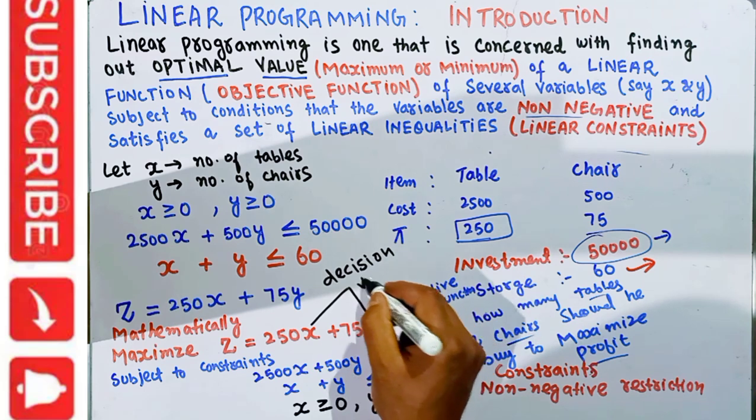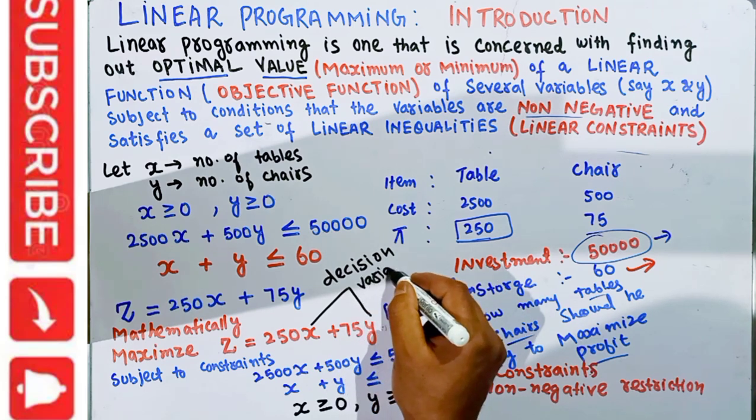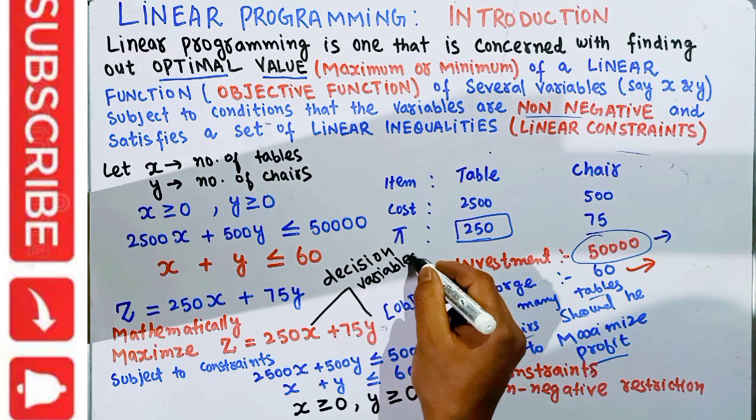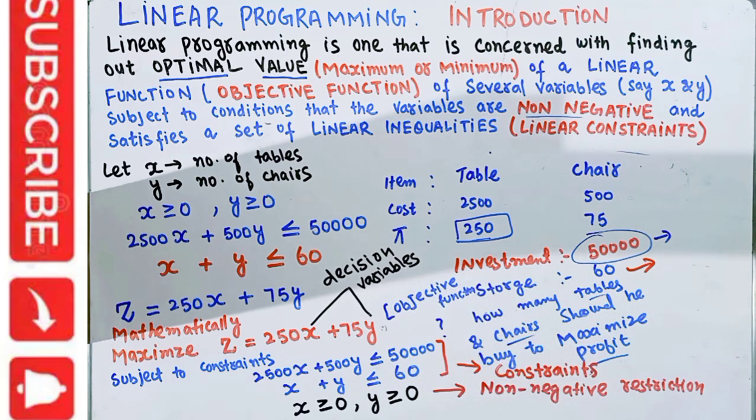The linear inequalities we see here are restrictions on the variables x and y of this linear programming problem, called the constraints.